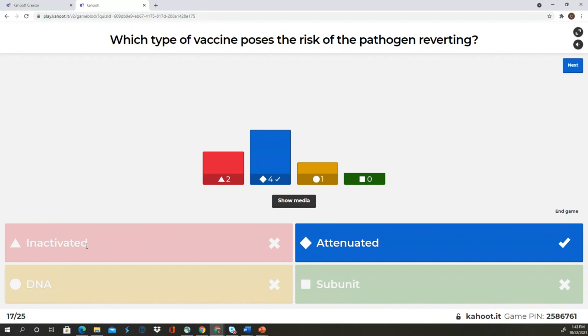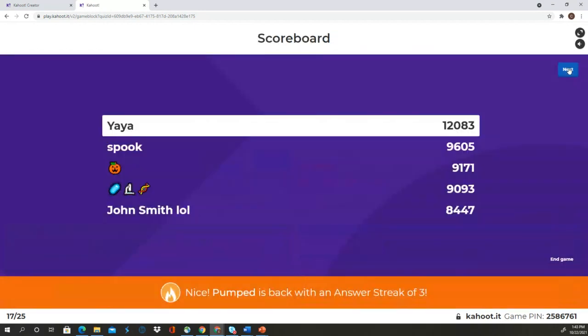Because they were never alive. So we use inactivated as well as the word killed so that we can reference viruses here. And then remember, both inactivated and attenuated use the entire pathogen, whereas the remaining types of vaccines do not. They either use the actual antigen itself or the nucleic acids needed to form that antigen naturally.